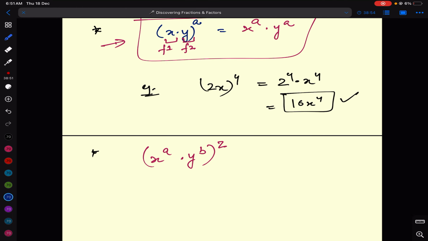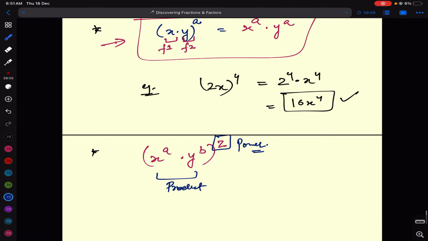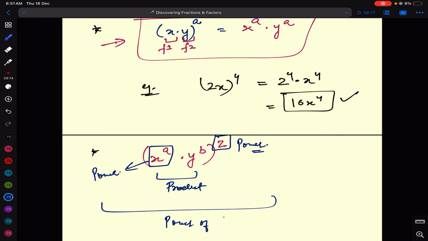Now here I see we have a product, right? We have a power here, so a product is raised to a power, right? And also, since inside the product we also have the powers, can we take this as a power of a power, right?